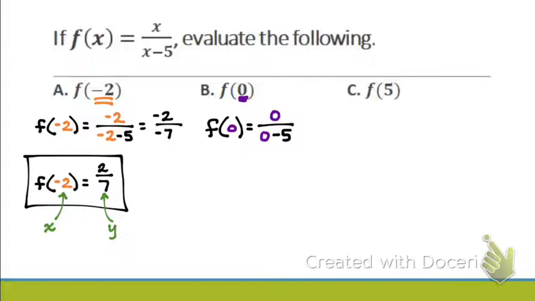Well, dividing it by -5. Yeah. I'm not dividing it by 0. I'm dividing it by -5. Is that problematic? No. It's if I divide by 0. I can't have 0 on the bottom. This whole thing is just going to simplify to be 0. So f of 0 equals 0.